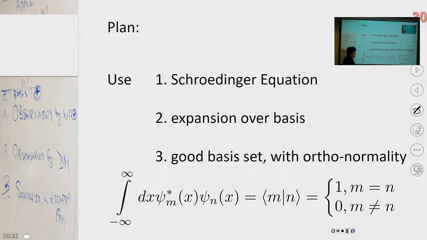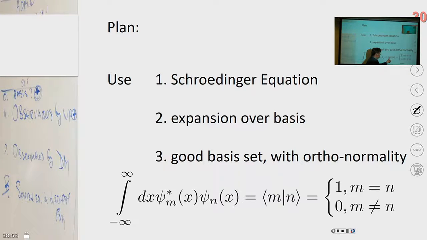So we are going to merge together the time-dependent Schrödinger equation, the concept of expansion, and expansion coefficients. And we will keep in mind that the eigenstates, or even not eigenstates, just basis functions that we use, obey not only orthogonality but orthonormality.